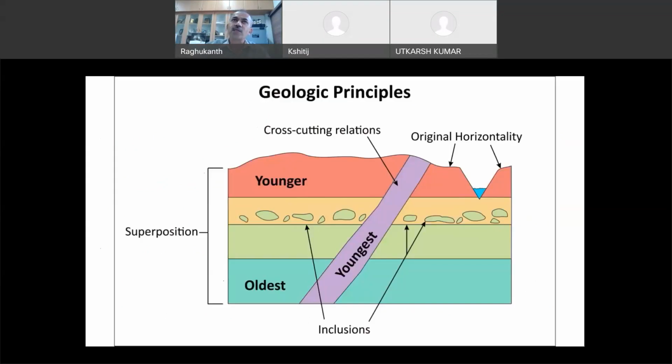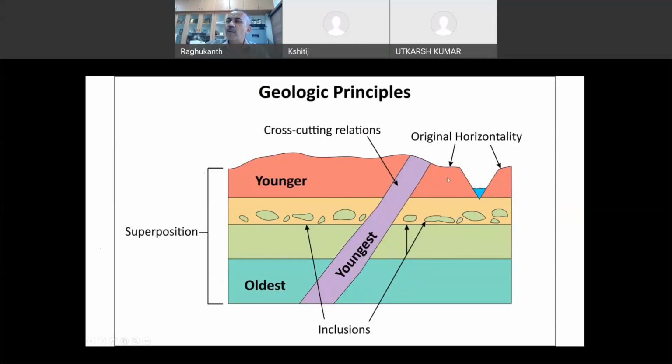The same rules I'm just showing here. On the internet you will find many videos and much information. So this is superposition, from younger up to the oldest. Then the dike has cut everything, so it is younger than the remaining things. Then original horizontality: previously everything was continuous, but this river has eroded this entire region.